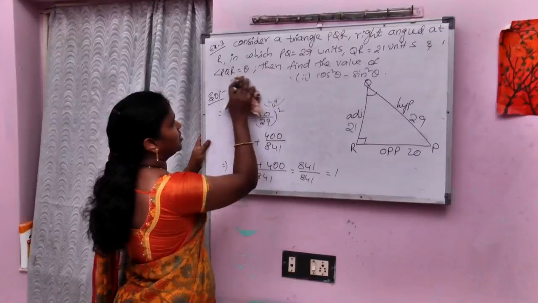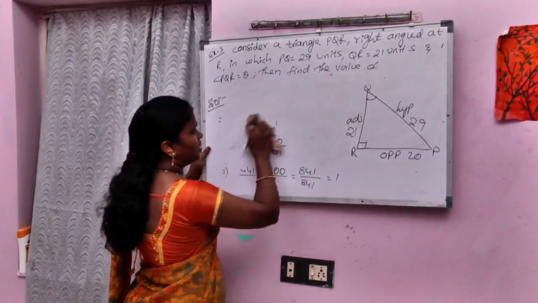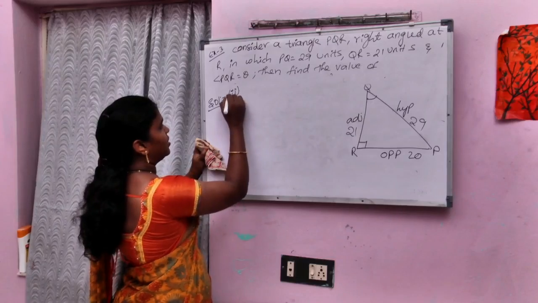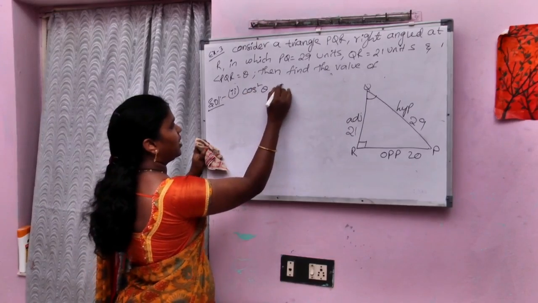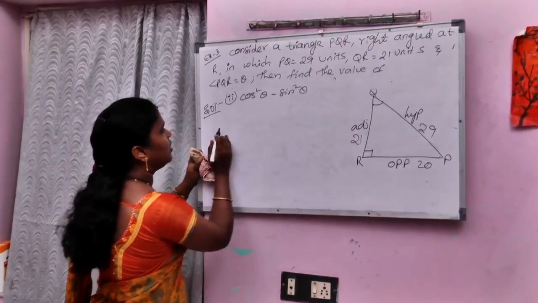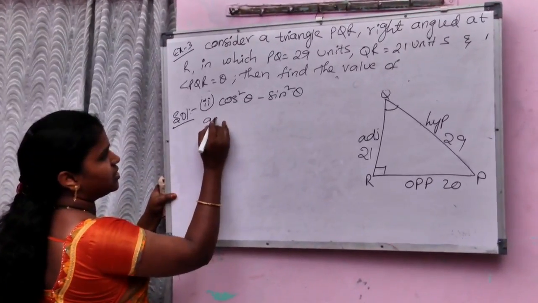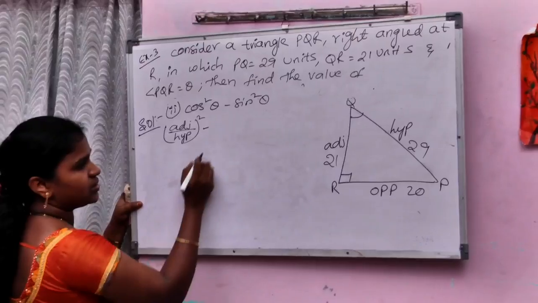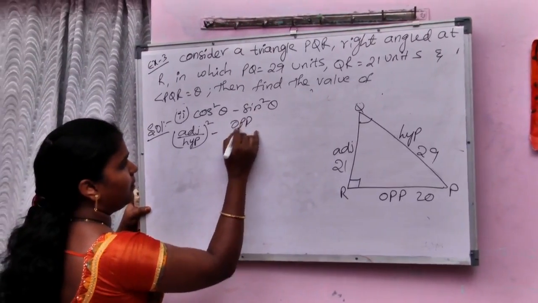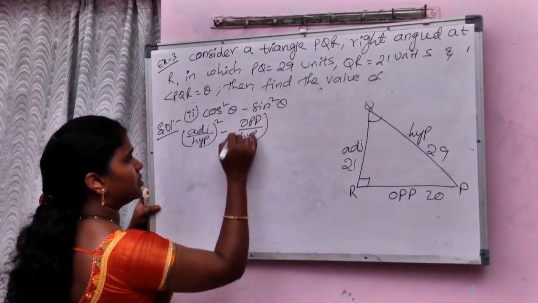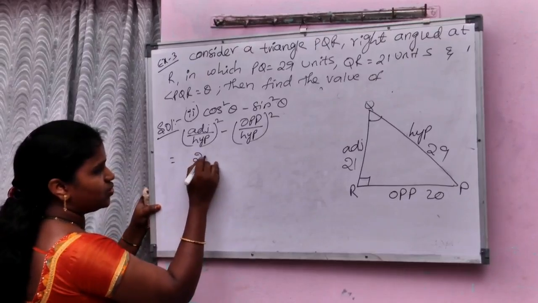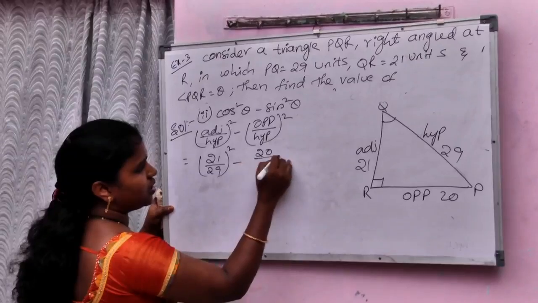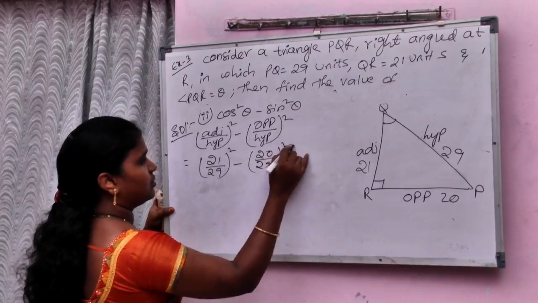The second condition is cos square theta minus sin square theta. Cos square theta is adjacent by hypotenuse square, minus sin square theta, which is opposite by hypotenuse square. So adjacent is 21 by 29 square, minus opposite is 20 by 29 square.